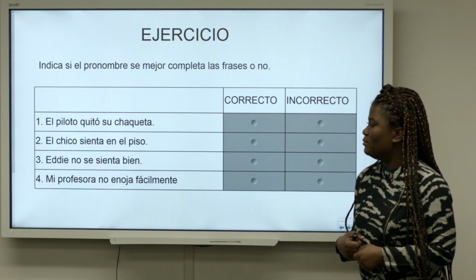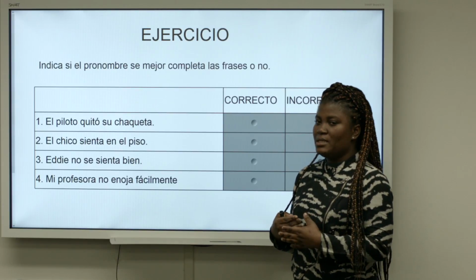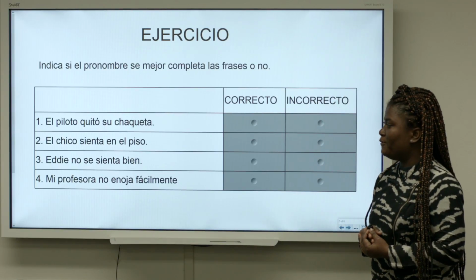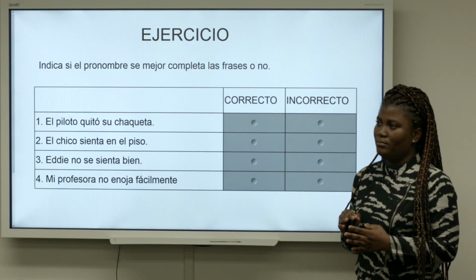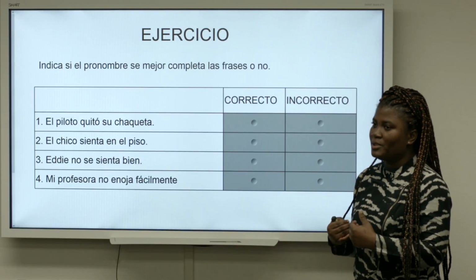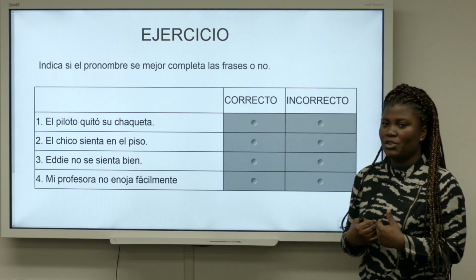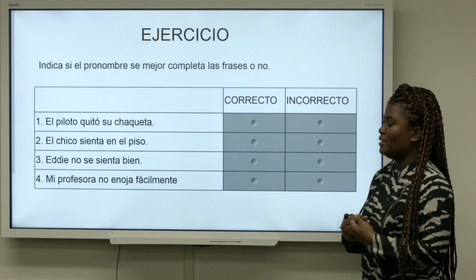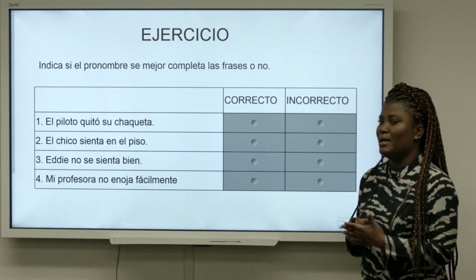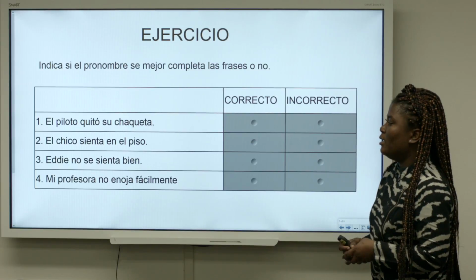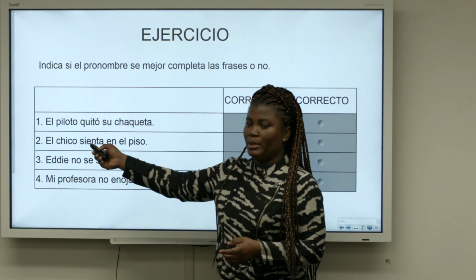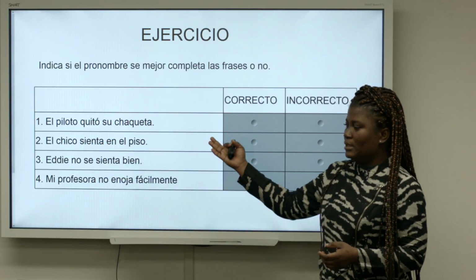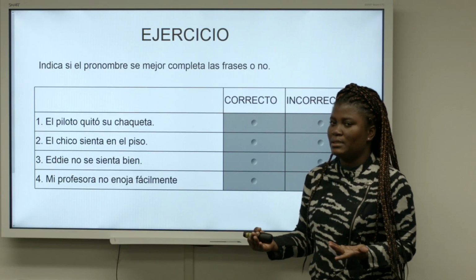The verb is quitar, and we have seen that for pronominal verbs, it means that the object receives the action of the subject, and the subject and the object are one and the same person. Now, the subject of the sentence is el piloto, the pilot. The verb is quitó. And then, what did he take away?